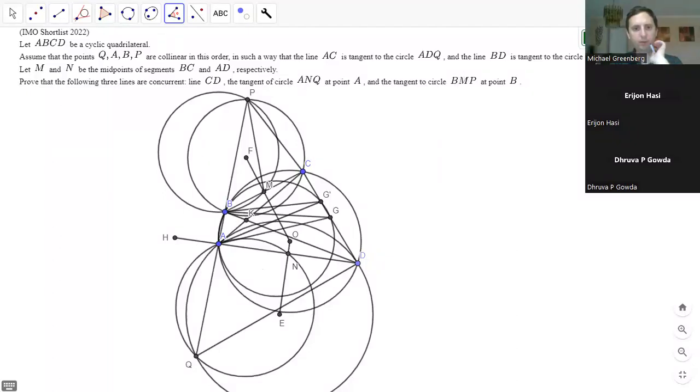Let me just keep the whole thing. Oh, we never used that OG is perpendicular to CD. That could be useful.